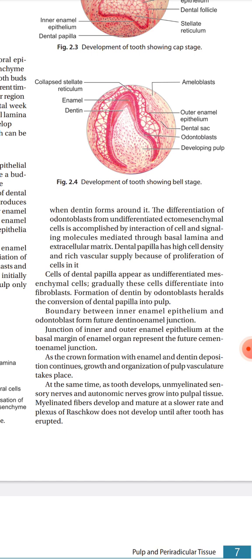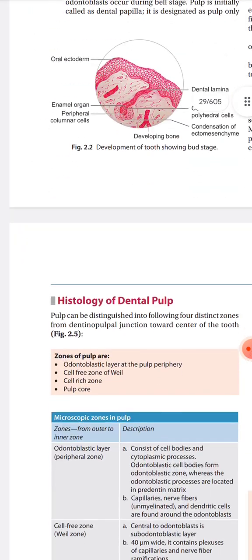At the same time, unmyelinated sensory nerves and autonomic nerves grow into the pulpal tissue. Myelinated fibers develop and mature at a slow rate, and the plexus of Raschkow does not develop until after the tooth has erupted.